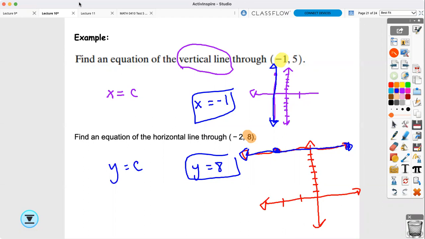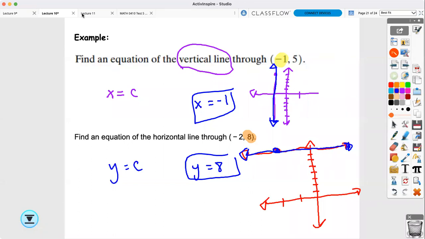Can you go over the second one again, please? All right, guys, so remember, you want to find an equation of the horizontal line through -2, 8. So we know horizontal lines have the formula y equals c, where c is the constant. There are multiple ways to look at it. The shortcut is just to follow the y value of the point -2, 8.